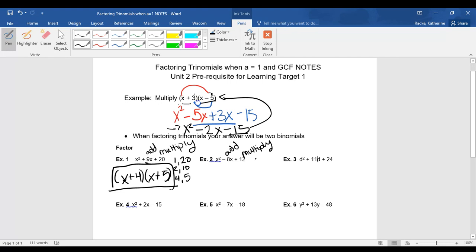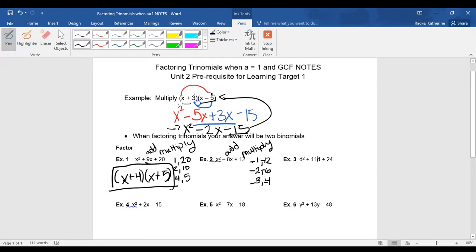If we went through the list of what multiplies to give us 12: 1 and 12, 2 and 6, 3 and 4. Which one is going to add to give us 8, but we have to make sure it's negative? To give us a negative sum but multiply to give us a positive, they're both going to have to be negative.